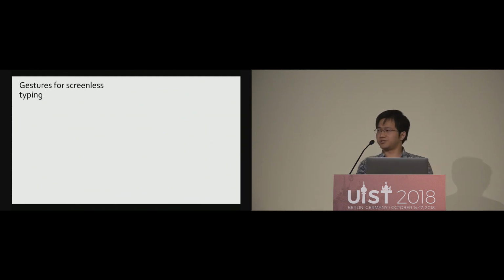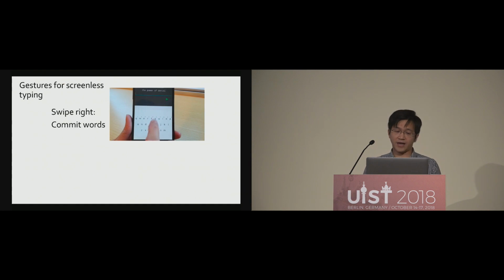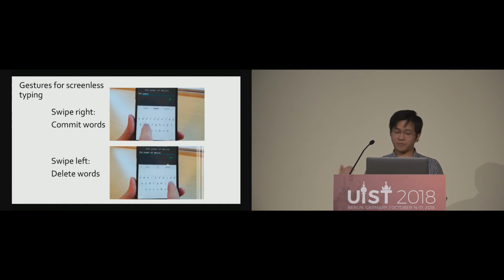We designed gestures for screenless typing to replace the removed functionality keys. Swiping right commits the word, or acts as the space button, and swiping left deletes word by word, as the video is showing.